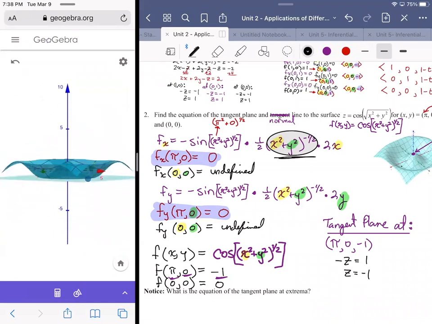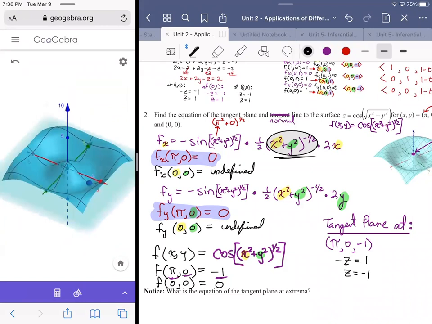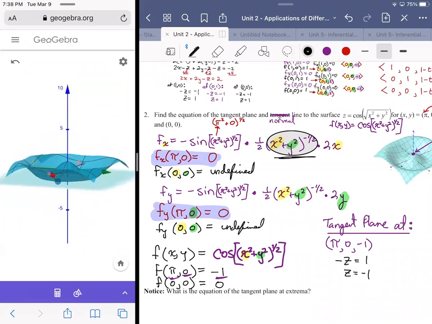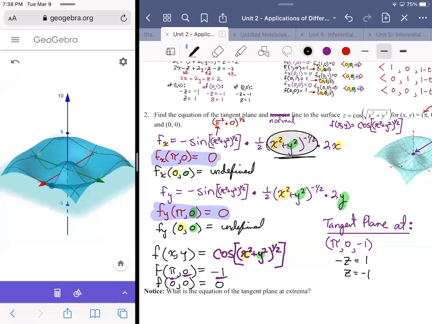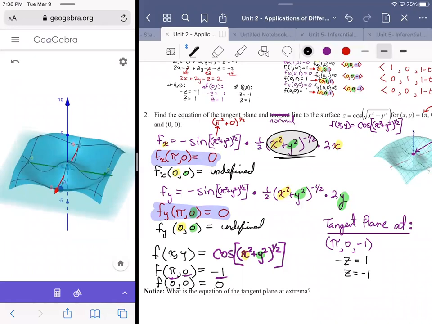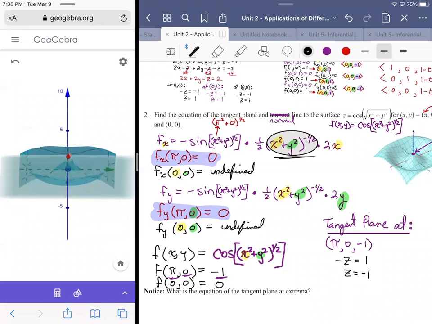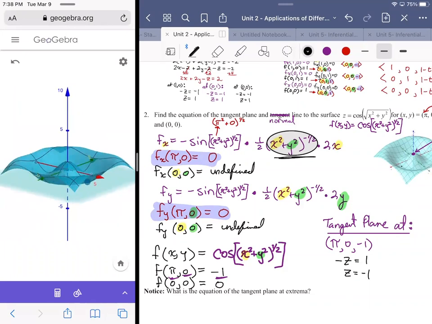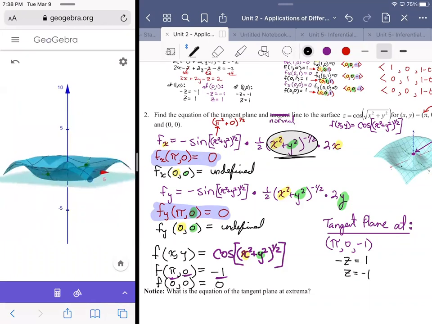So at the point pi, 0, -1, it's hard to see really, but it does look like this is kind of like a bowl of some sort, like the guac bowls, like when you get the tortilla chips with the salsa and the guac. You get one of those nice bowls. They put all the chips in it. In the middle, they have all the dips. You know, it kind of looks like that.